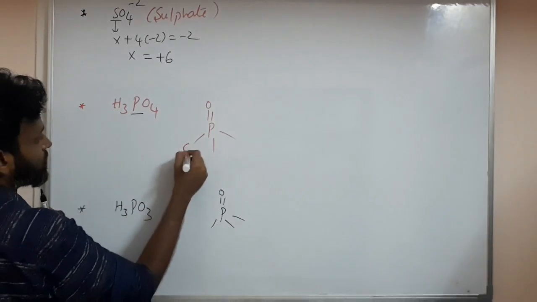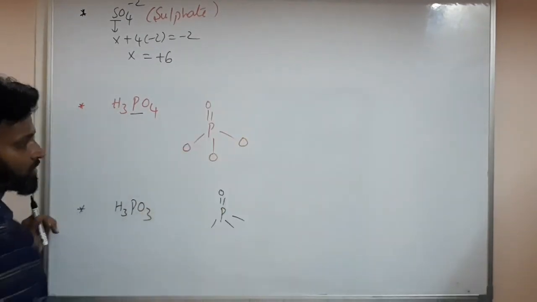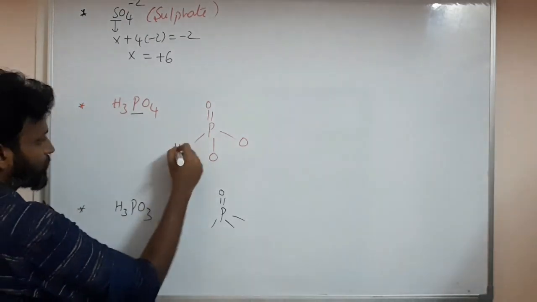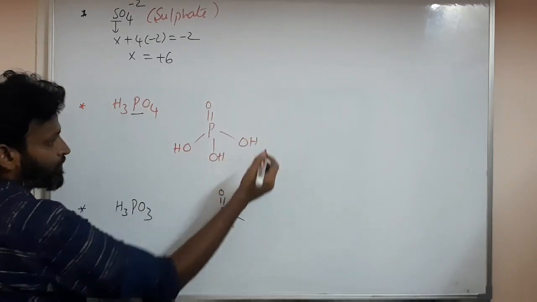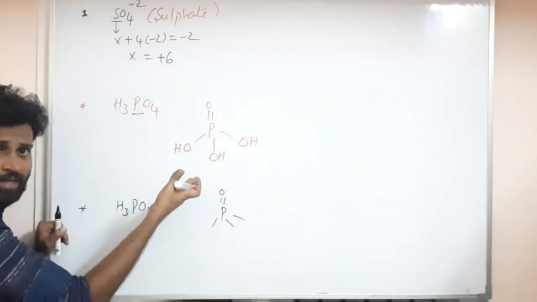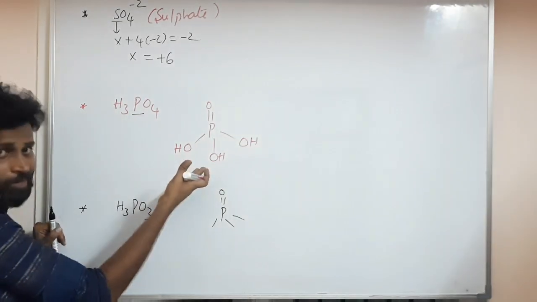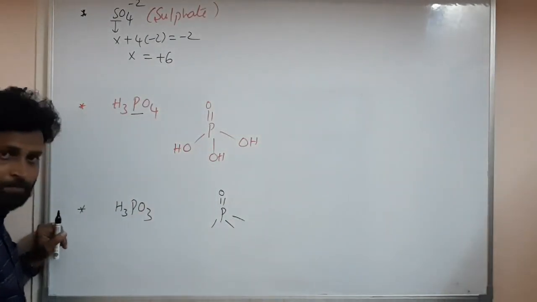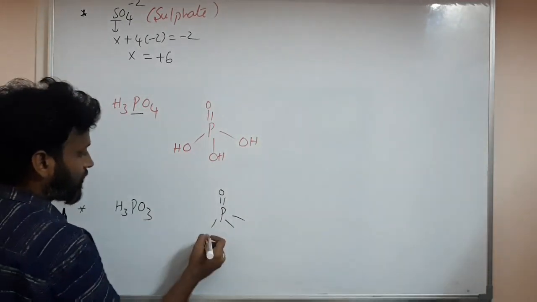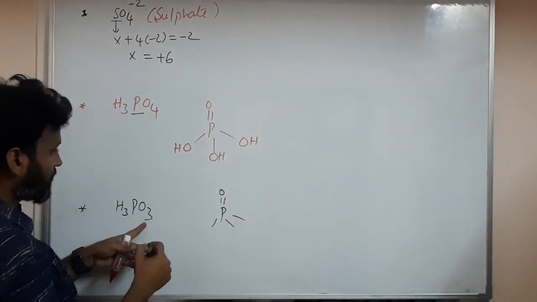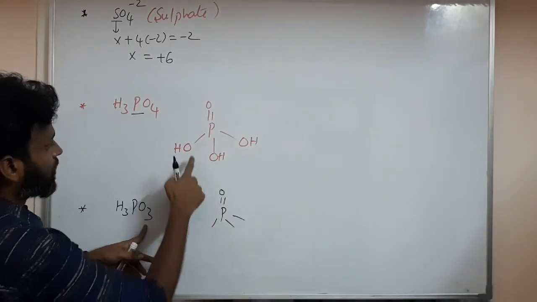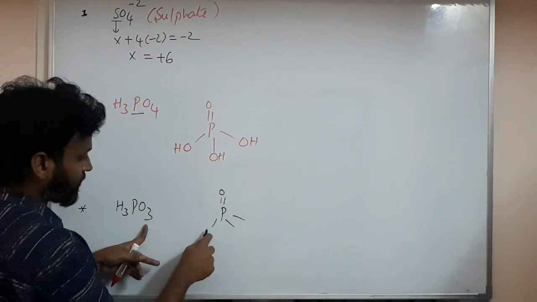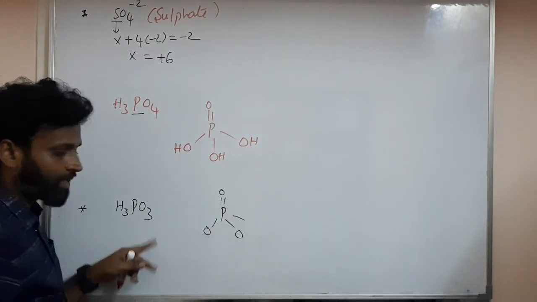So the remaining 3 oxygens, 1, 2, 3, total 4 oxygens, right? So OH, OH, OH. In the normality concept I explained that to calculate gram equivalent weights, basicity is required. Here there are a total of 3 oxygens in H3PO3. So 1 oxygen you have already written, so only 2 oxygens you can write.